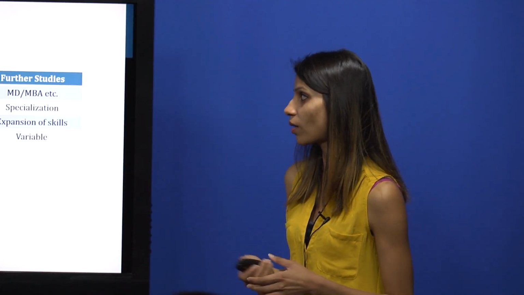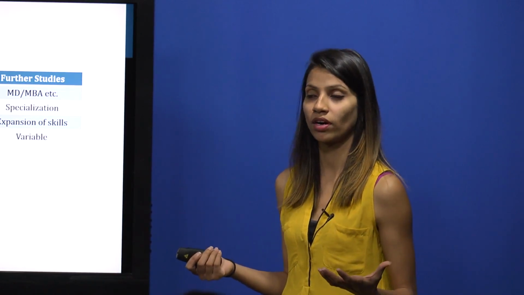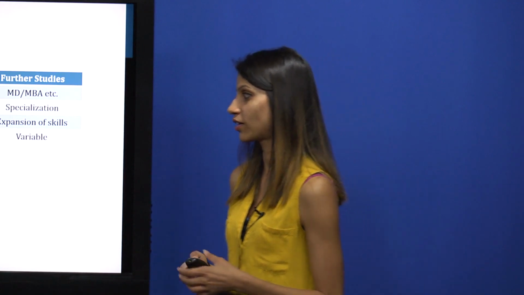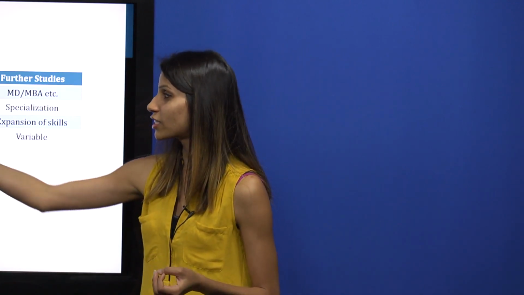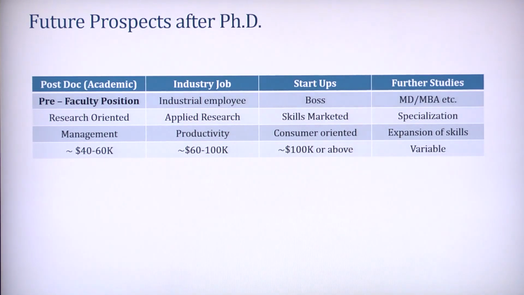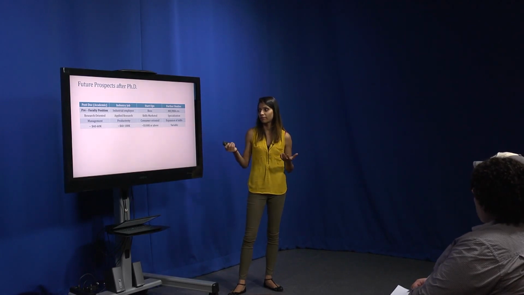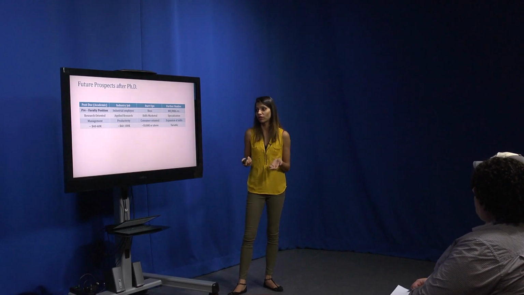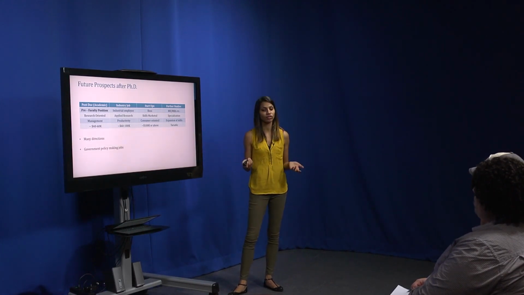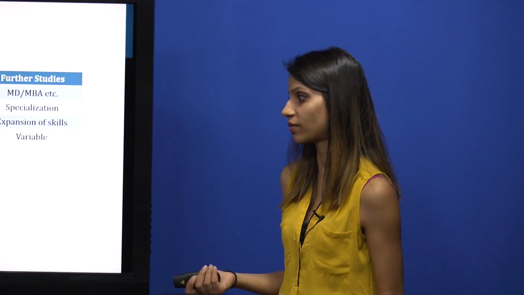The industry jobs and startups are what people do for more lucrative options. It's more applied research in the industry job, and in the startups, whatever skills you've learned, you try to market them. And then some people go for further studies, MBA, MD, and probably work in many different directions after that, government policy making jobs, deciding which grants get approved and which grants do not.